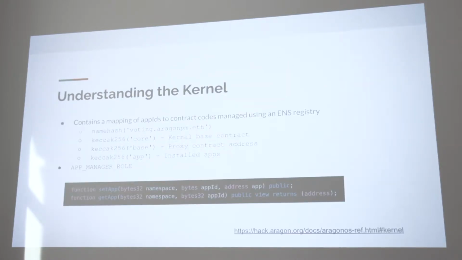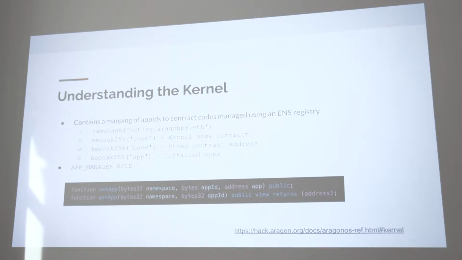The kernel is a very lightweight contract. It has a mapping for all the apps installed for a particular DAO. The way that mapping is traversed is we encode these strings, namely the URL to where this thing lives in the registry.